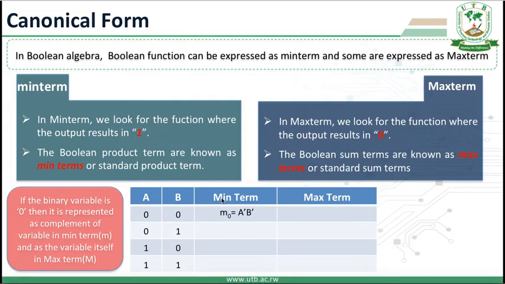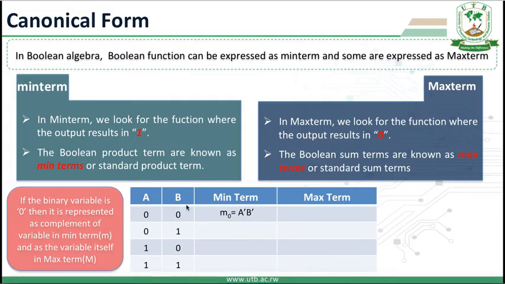When we are writing the min term of this truth table, the binary variable A is 0. So if it is 0, as per the rule, it is represented as a complement. That's why we write A complement, A prime. It is also read as A prime, because the apostrophe is nothing but negation.